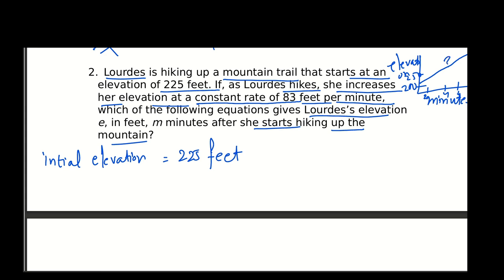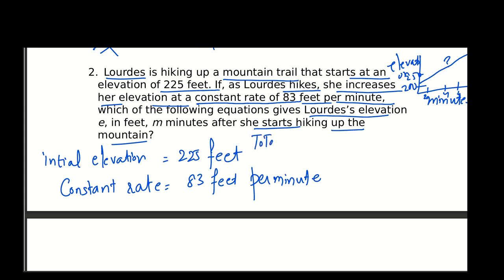If you have the initial elevation and a constant rate, that is 83 feet per minute, you can use this formula in these types of questions: total elevation equals rate times time, where time is measured in minutes, plus the initial elevation.